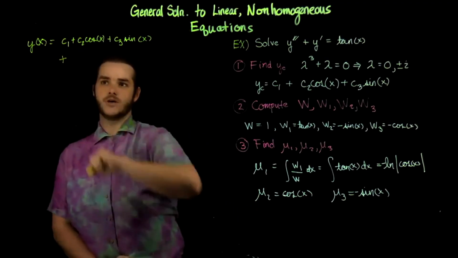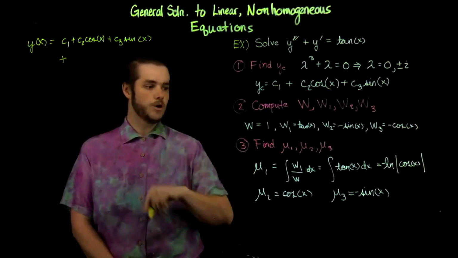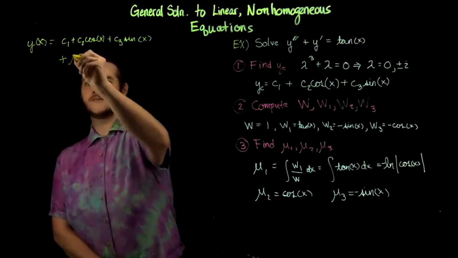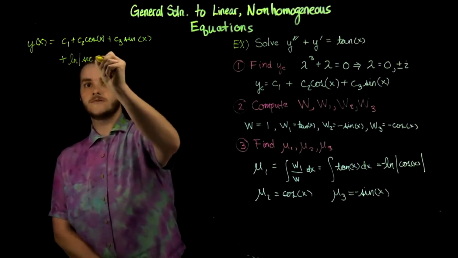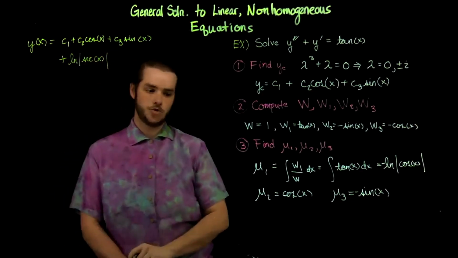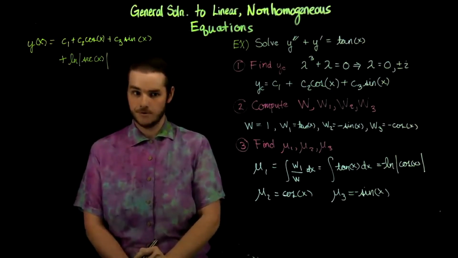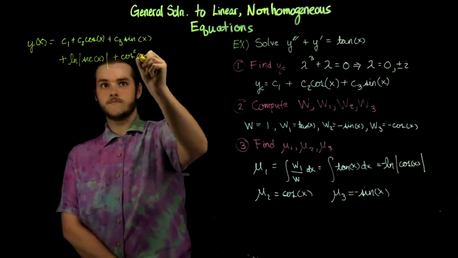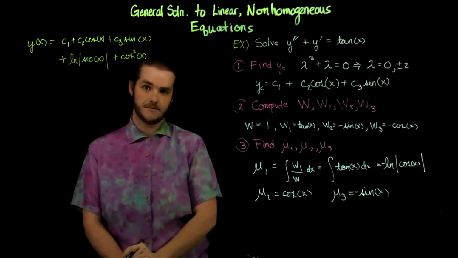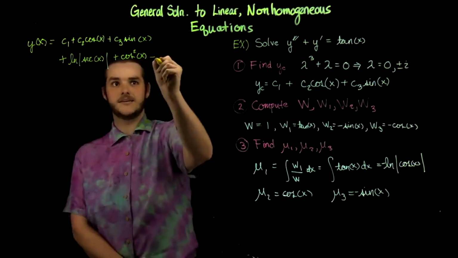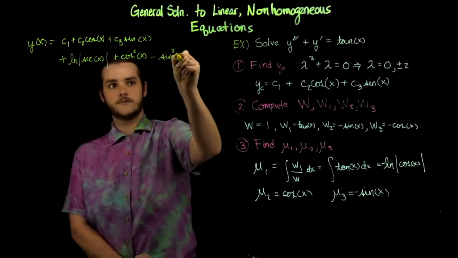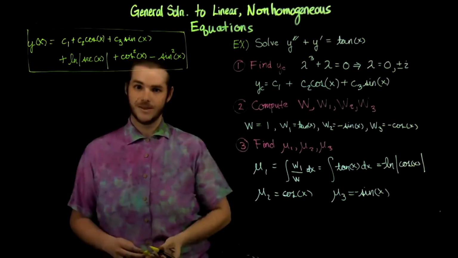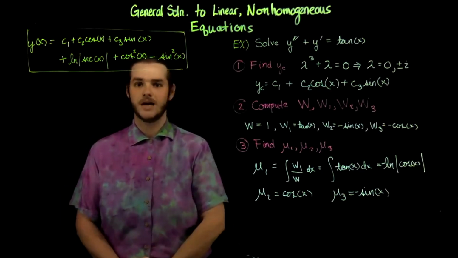So, plus, I have mu1 is natural log absolute value of secant of x. Fine, I'll cave. Mu2 is cosine. If I have cosine times cosine, that's cosine squared. And mu3 is negative sine. If I have sine times negative sine, that's negative sine squared. So all 6 terms here, 3 from the complementary solution, 3 from the particular solution, make my general solution.